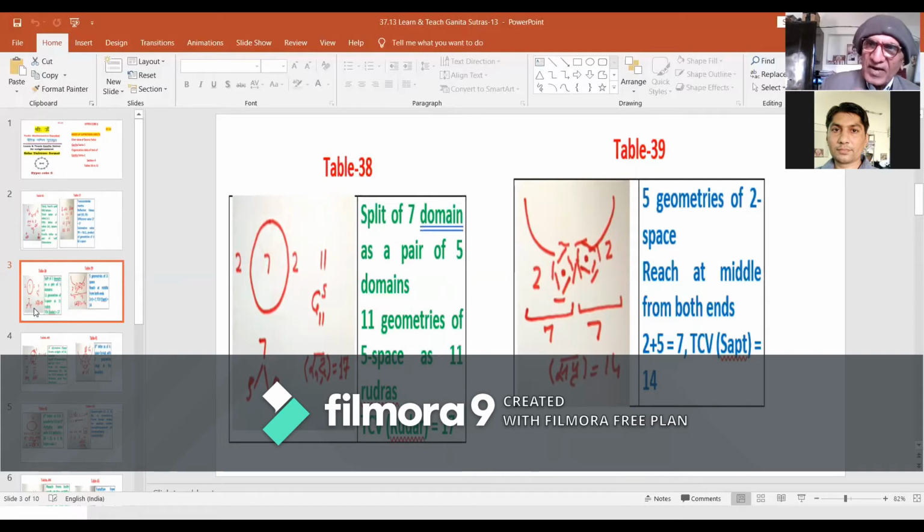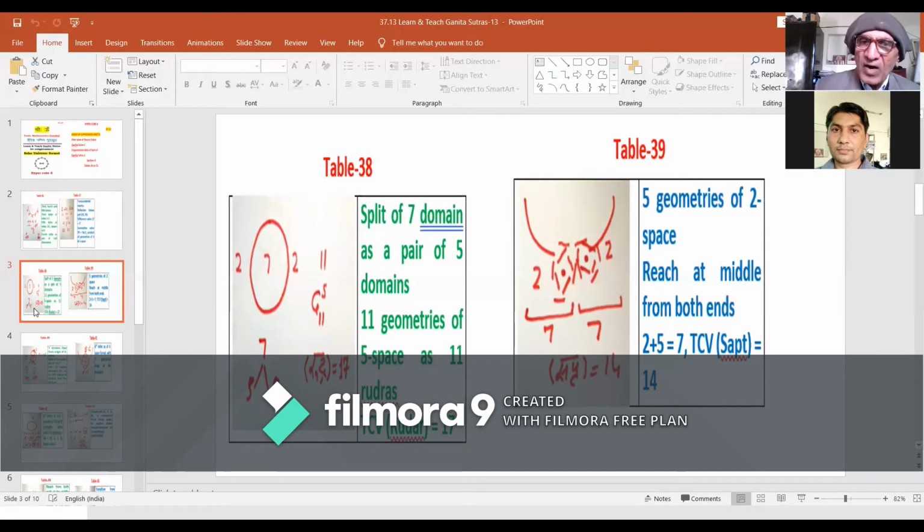Now see, 5 space is having 11 geometries, parallel to the 11 versions of hypercube of 5. The split as 11 versions of hypercube 5, or the 11 geometries range of 5 space, and these are 11 Rudras, 11 incarnations of Lord Shiva, the Transcendental Lord.